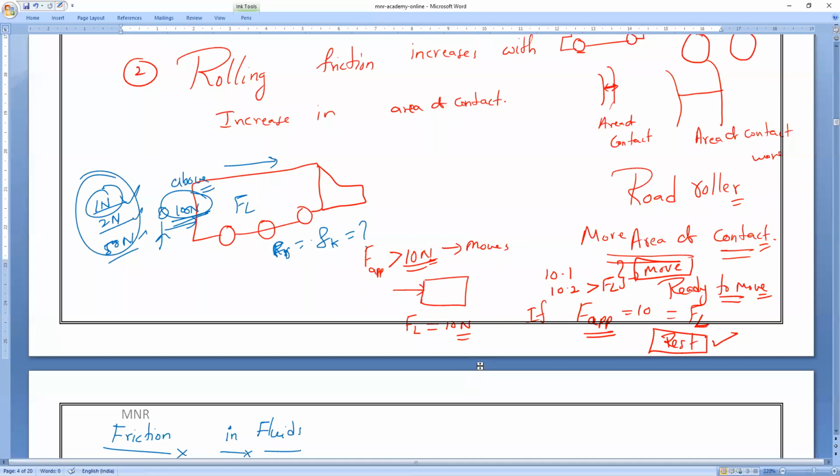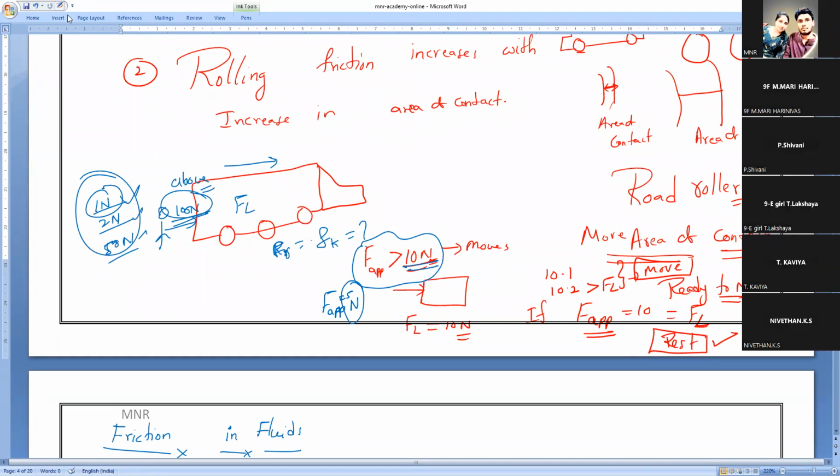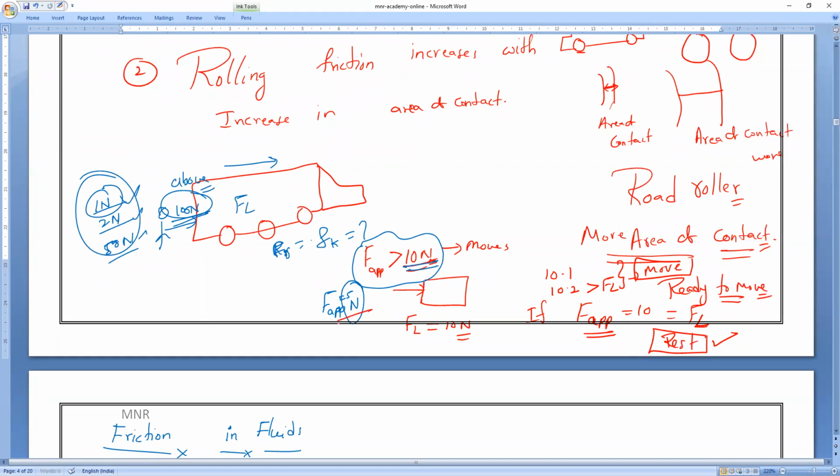For example, I know my body moves only if the applied force is greater than 10 Newtons, but I am applying only 5 Newton force. Then the applied force is equal to static friction.